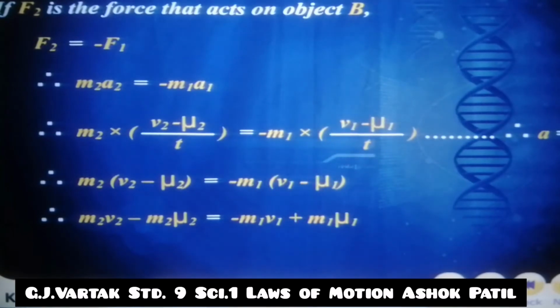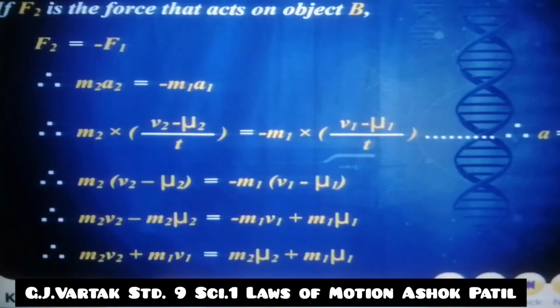The negative side coming to this side becomes positive, and this negative coming to this side becomes positive. That's why m2 v2 plus m1 v1 is equal to m2 u2 plus m1 u1.